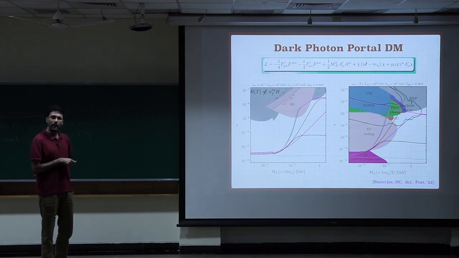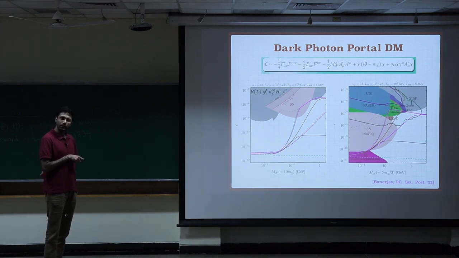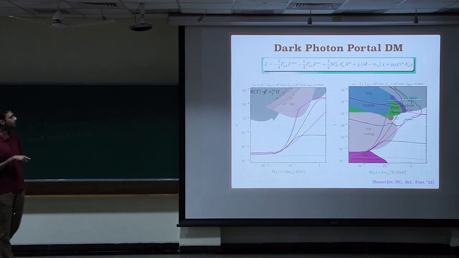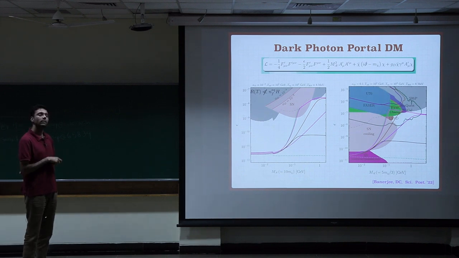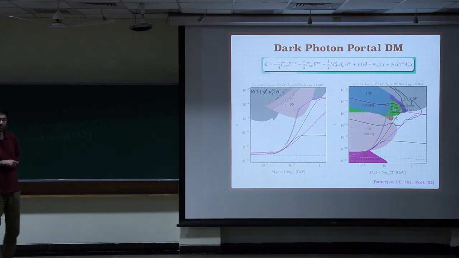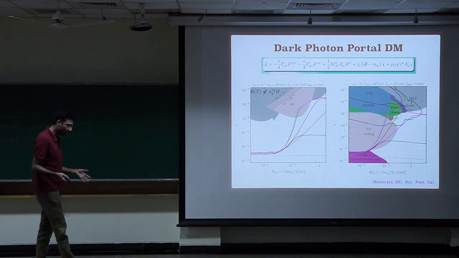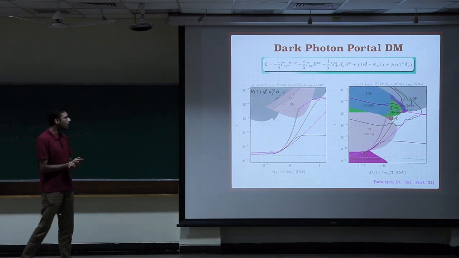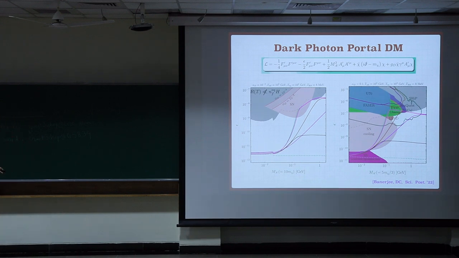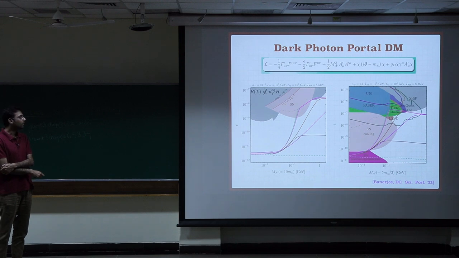Whereas if we are lucky, a freeze-in type of dark matter, as well as answering the dark matter puzzle, can be probed at the low energy experiments. So this is one case which tells you the effect of this intermediate matter dominated phase on the dark matter physics, where finite temperature corrections are important.